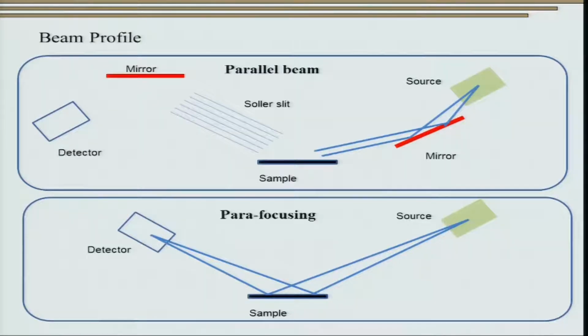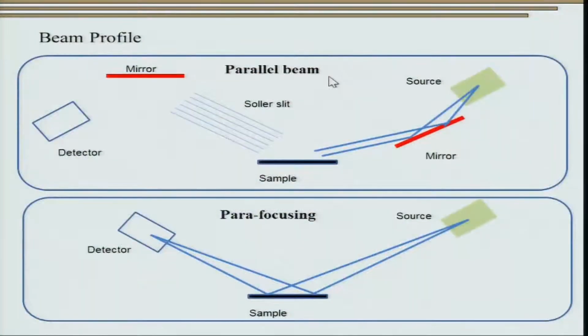Not only that, we can also put what is known as the solar slit, which we had used in the earlier case, at the receiving side, and then a mirror, so that we ensure that our detector is only seeing the parallel X-rays that are getting diffracted from the sample. So, this is essentially known as the parallel beam geometry.